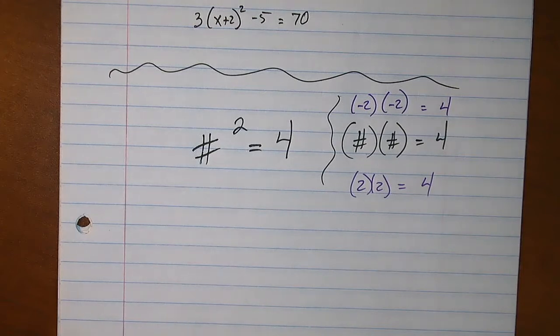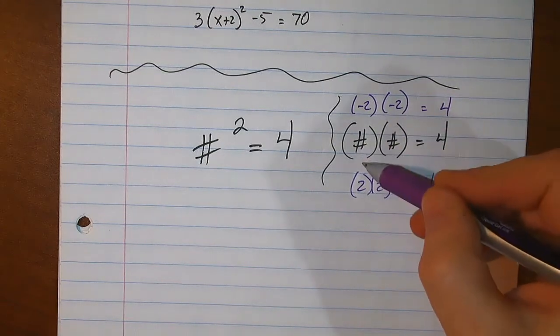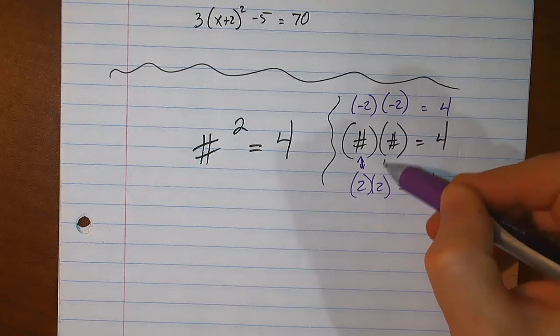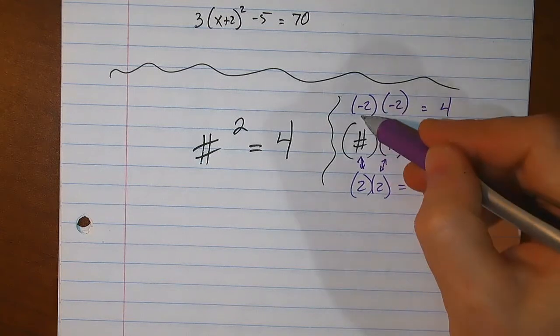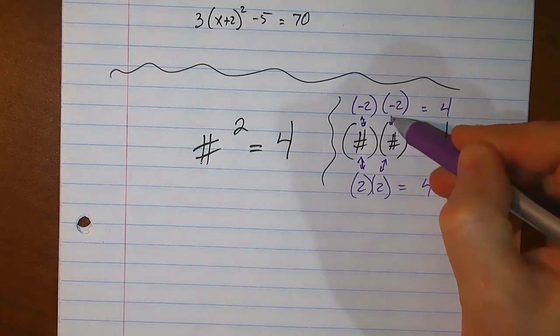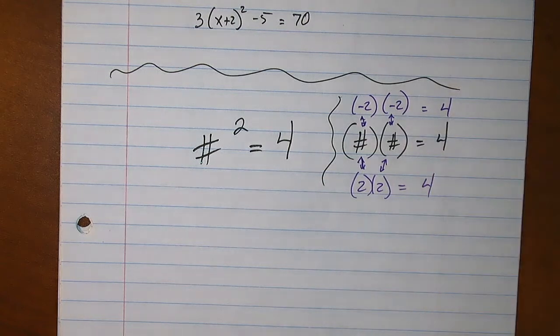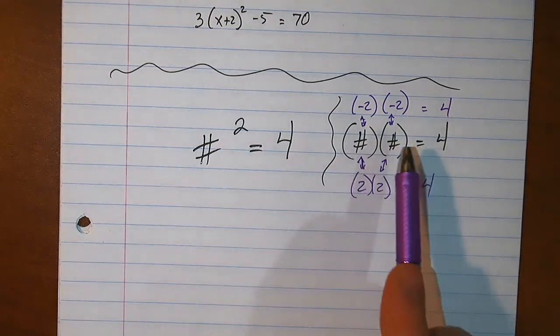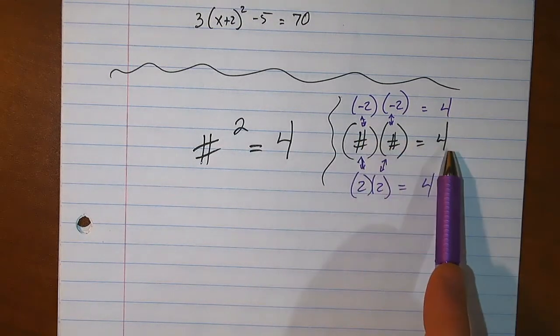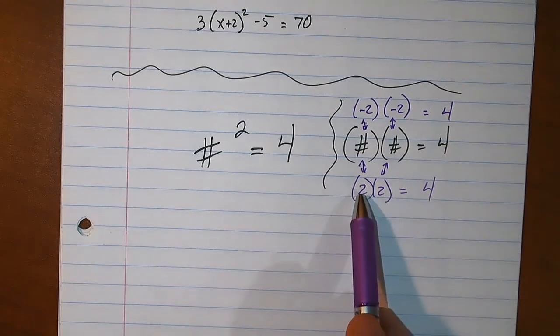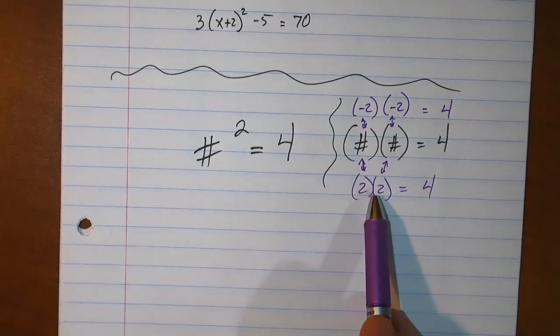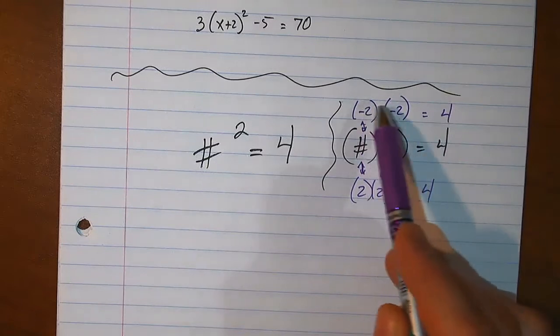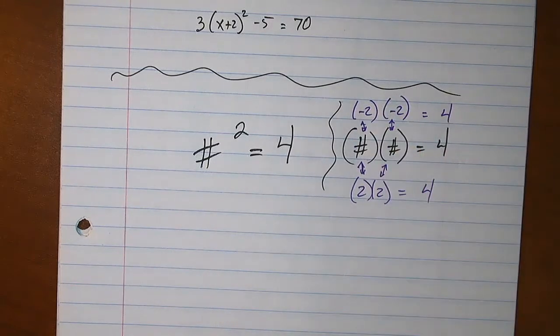So I run into this issue of, am I thinking of a positive number or am I thinking of a negative number? And unless I give you some extra hint, you don't know. If all I say is that there's a number that when I multiply it by itself equals 4, you don't know if that is 2 times 2, positive, or -2 times -2, where the numbers are negative. You don't know which unless I give you extra information.